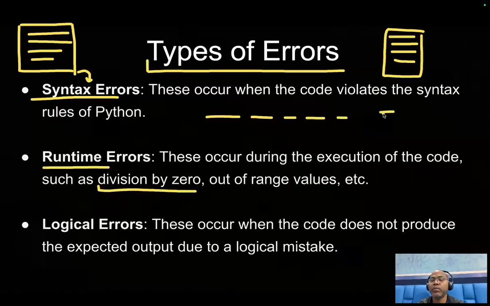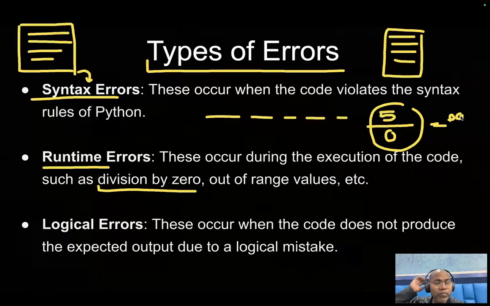We have a number 5 and we divide it by 0. In basic mathematics, dividing 5 by 0 is said to be infinity, right? But in the computer, there is no concept of infinity.